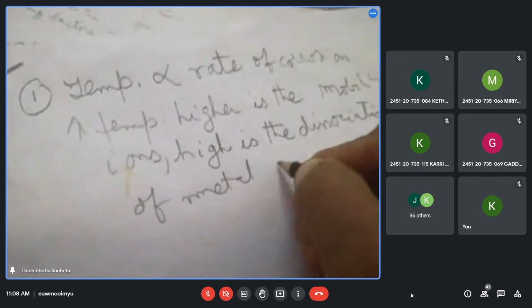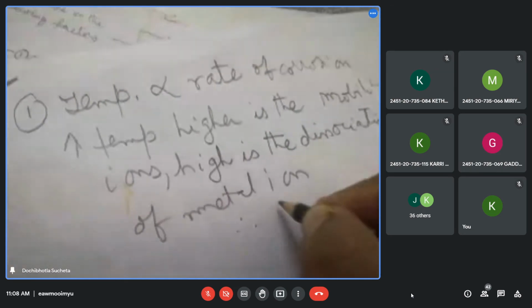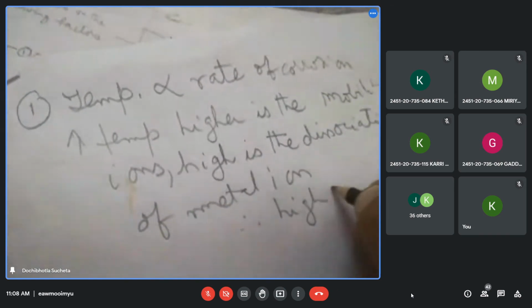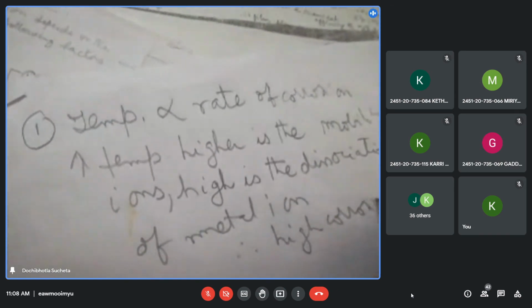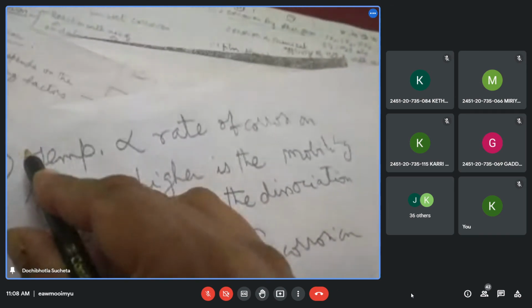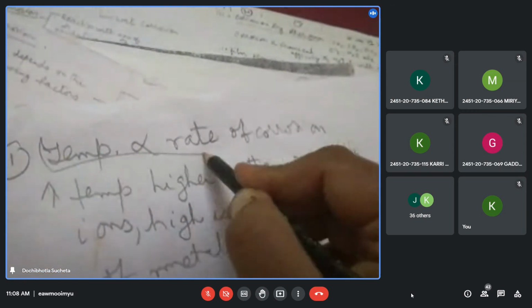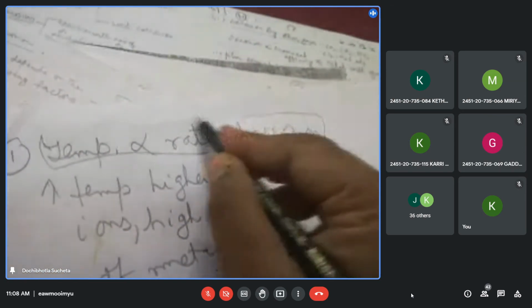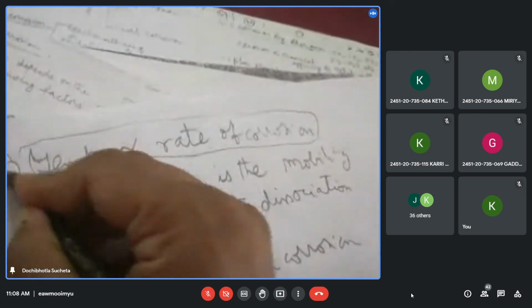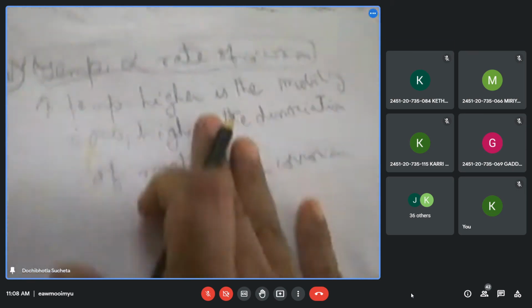Therefore, high corrosion. So the keyword: temperature is directly proportional to the rate of corrosion. Important, commonly asked.